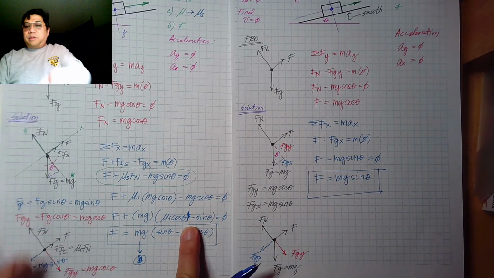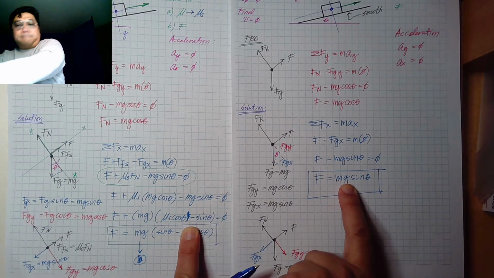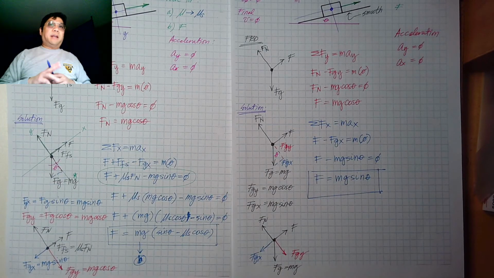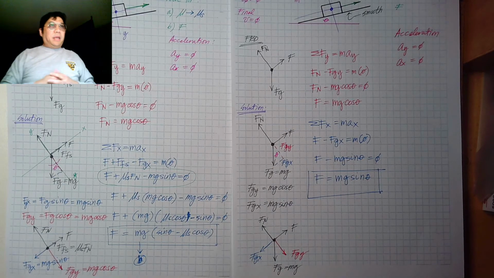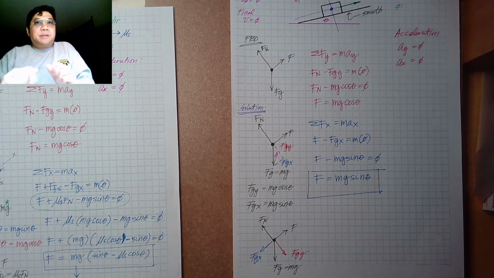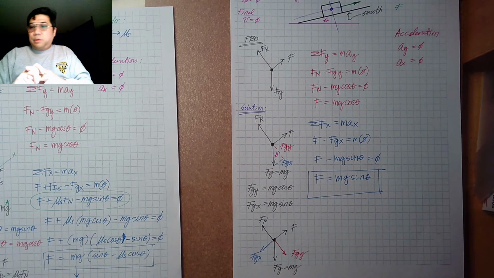If you remove this friction, then we have mg sine theta. Likewise over here will be the same, mg cosine theta. So thank you. That will be the end of this video. It's very short. The solution for this problem is not as complicated compared to the previous solutions that we have made.